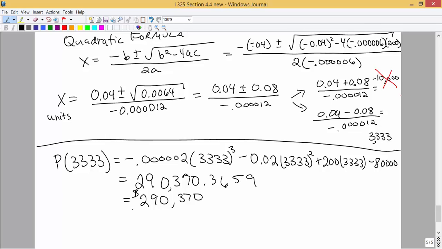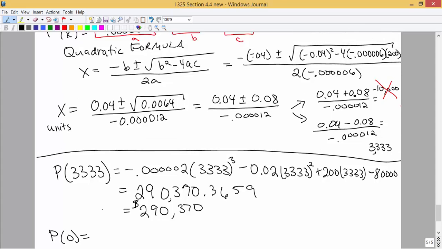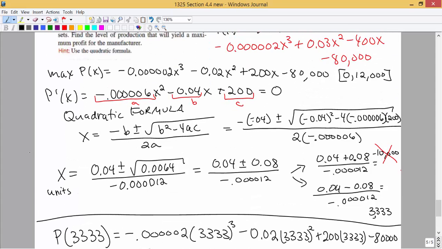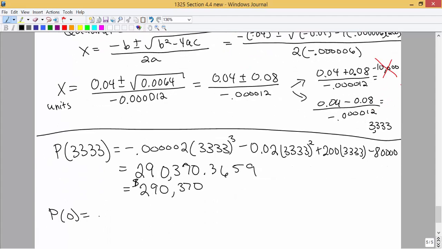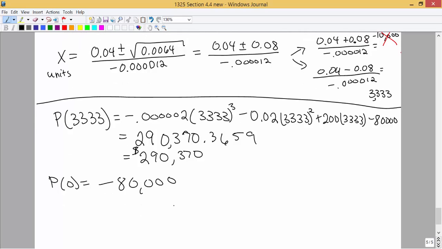All right, we also want to evaluate at the endpoints. So if we make x 0 units, we put that into the profit function, it seems pretty clear that we would be left with negative 80,000. That's definitely not the maximum profit. And what about 12,000? We also want to put that into the profit function as well. So let's see what happens when we produce 12,000 units.